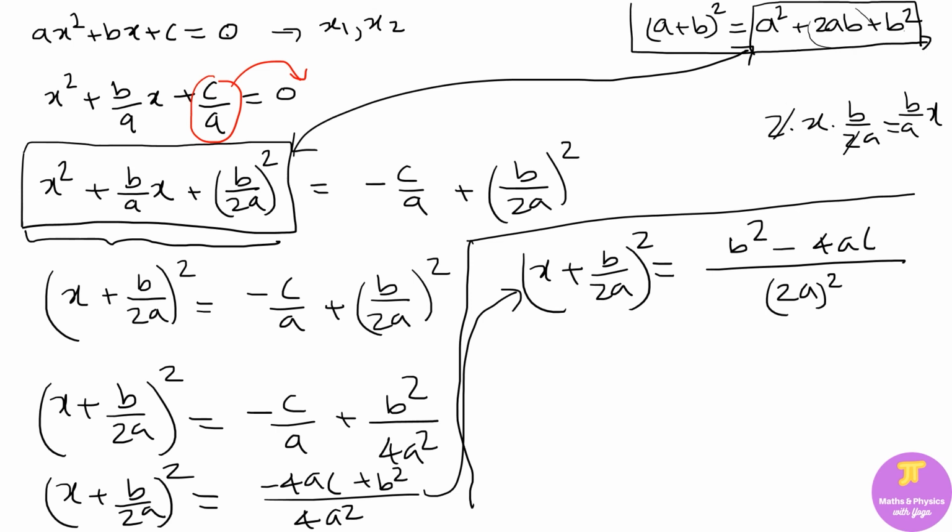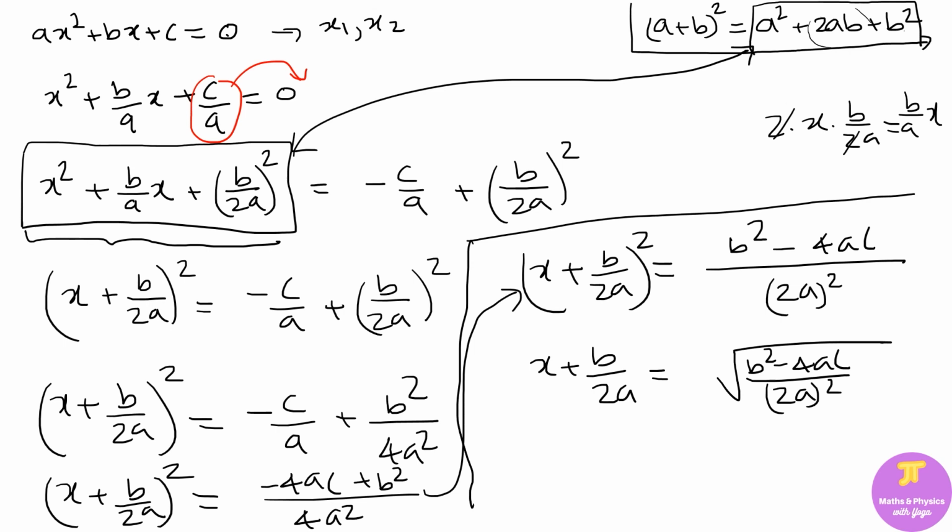So since this is a square, I am going to take the square root on both sides. If you take the square root, it becomes x plus b over 2a, and on the right, the square root of b squared minus 4ac over 2a.